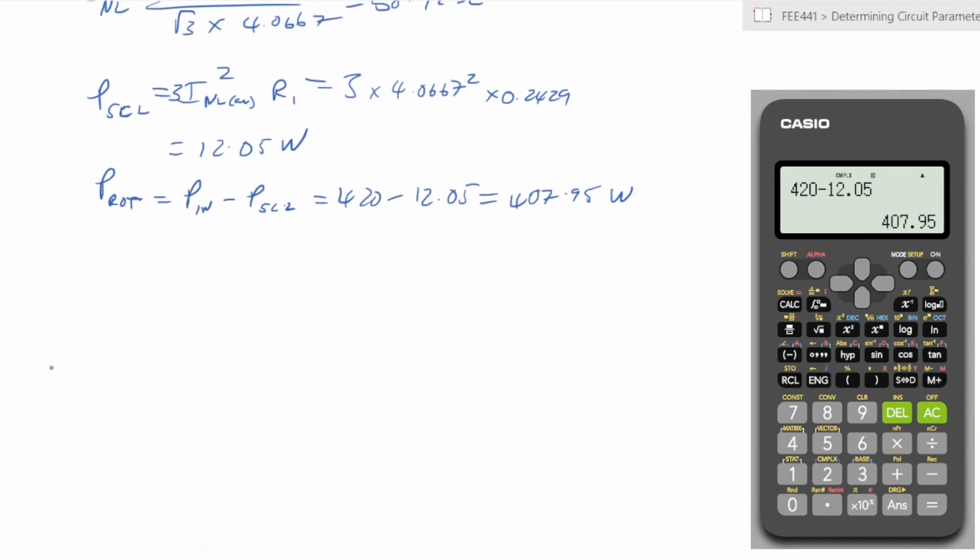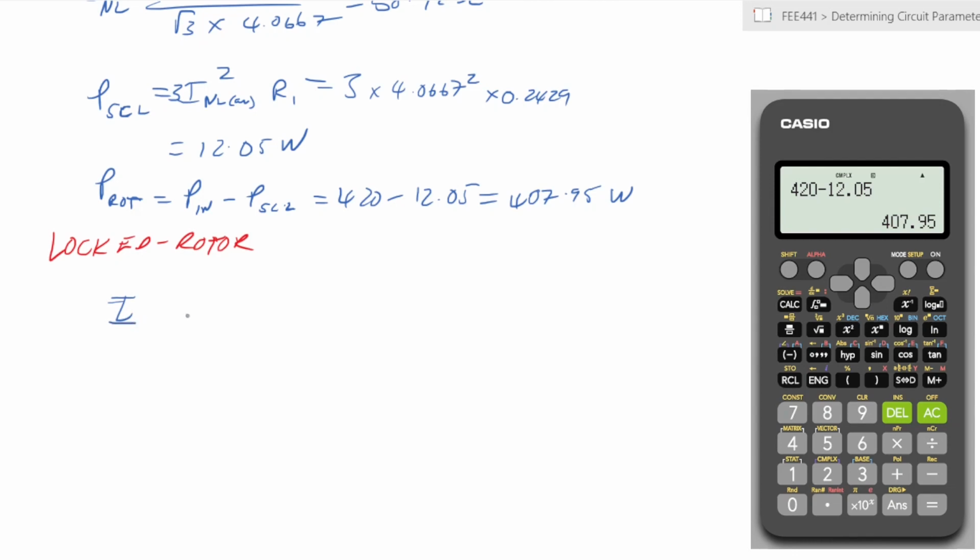Now looking at our locked rotor test. So we are on the way to determining some of the other parameters. So we now look at the locked rotor test in conjunction with the no load test.